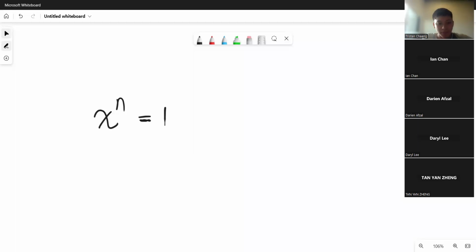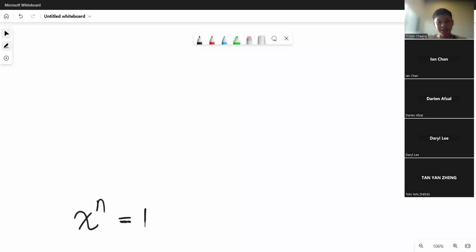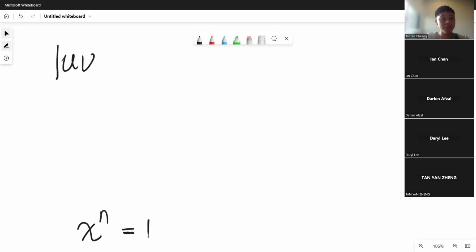Now, first of all, can we say something about the magnitude of x if you want to solve this? What's the only possible magnitude of x? Oh yeah, just now, by the way, after the multiplication magnitude and argument thing, I probably have to write it down explicitly for you to understand. So I was saying, if you multiply two complex numbers, their magnitudes multiply.